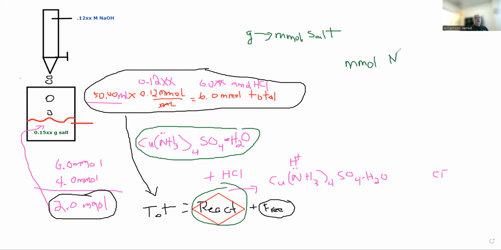I'll do the millimoles of NH3 divided by the millimoles of the salt, and that'll let me get the percent NH3. I'll have to multiply that by 100. Okay, that's the hard thinking part.